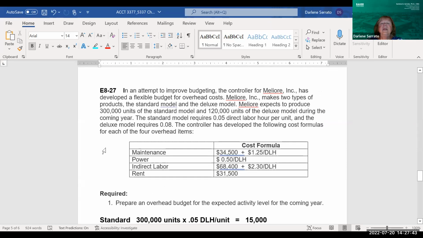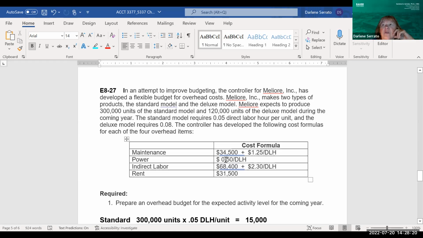All right. This time, the budget is given to you as a cost formula. When we were reviewing chapter 3, total cost equals fixed cost plus a variable rate times an activity. So in these cost formulas, maintenance has a fixed portion of $34,500 and a variable rate of $1.25 per direct labor hour.